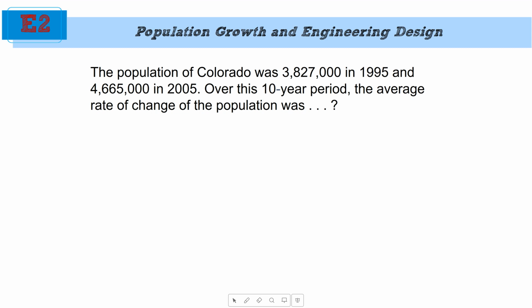Your ratios and your rates of change should be simplified. So just as a little bit of calculator practice there, please give me an exact answer in a fraction form and give me a decimal approximation. I want to see if you know how to use your calculator to simplify fractions.